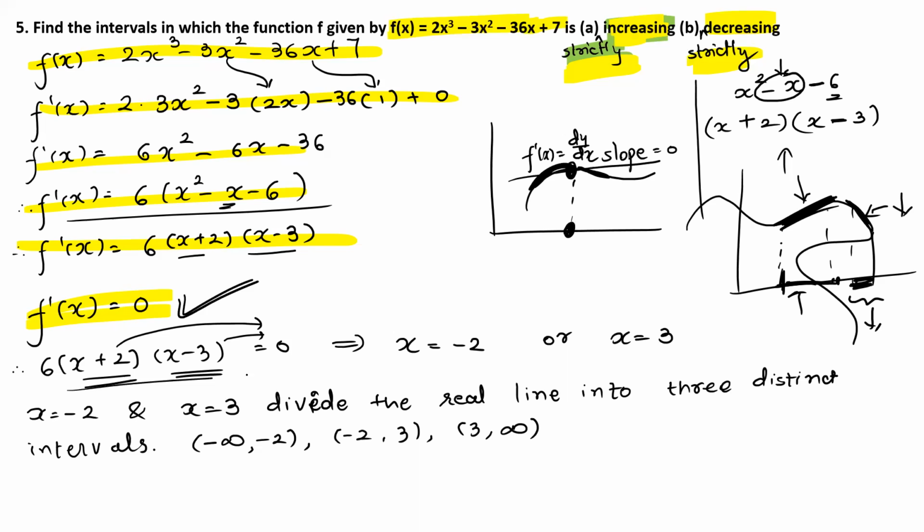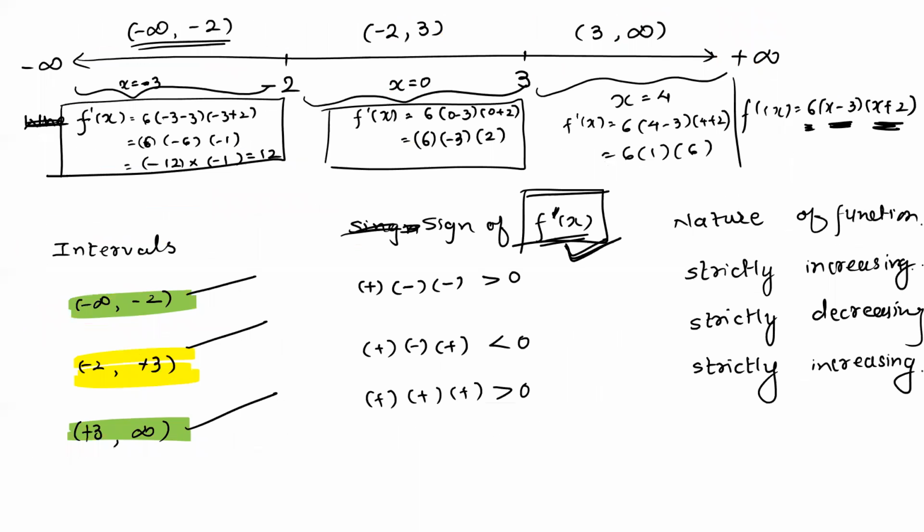That means we will get two values of x, and these two values divide the real line into three intervals. From these three intervals we take any random value and substitute it into f'(x). If f'(x) is positive, your function is increasing.